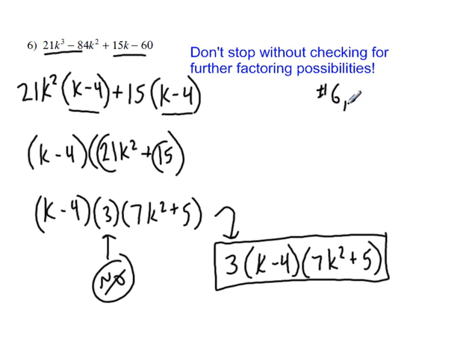You're also going to do that for number 8 and number 9. You just quickly glance over my work to see if there's any others you have to go further with. And I don't think so. So just those 3. Keep your heads up for further factoring possibilities.